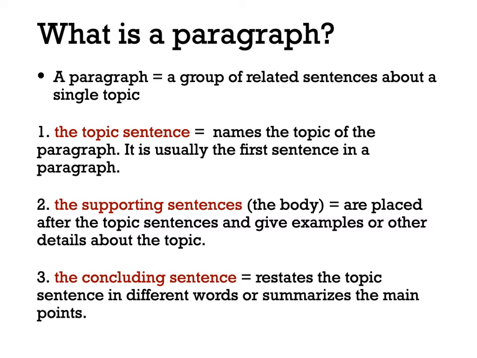Yes, the 3 essential parts of a paragraph are a topic sentence, supporting sentences, and a concluding sentence. Learning a correct paragraph format also means that we learn how to put those 3 essential parts of a paragraph in order.